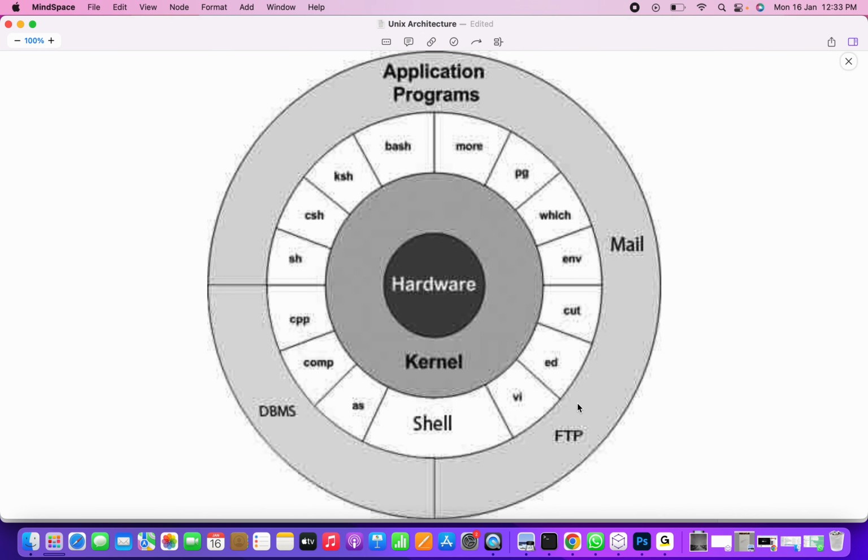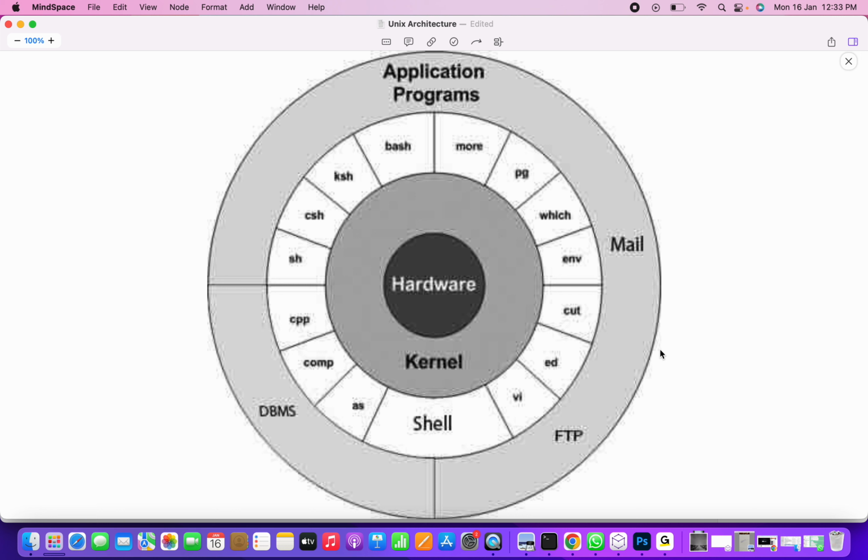So this is how the Unix architecture looks. The outer periphery is the application programs. The center is the hardware. On top of that we have the kernel layer, and on top of that we have the shell programs. These are commands like vi, editors, utilities.